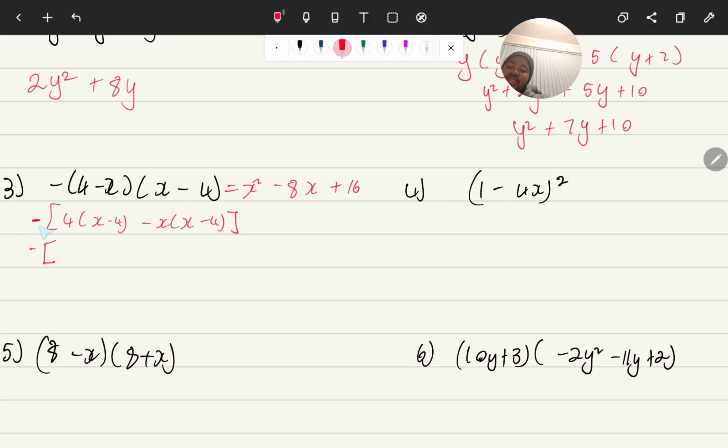So now I'm leaving this negative outside and I'm just multiplying these two. So then here I have 4x, I have minus 16, I have minus x squared, I have minus 4x. So now look at this, minus 4x, 4x, right? So we have a minus, we have that minus x squared, we have minus 16, and this 2, 0, right?